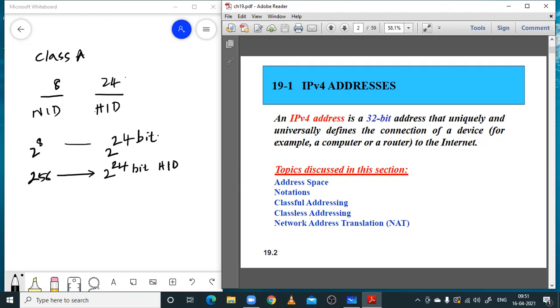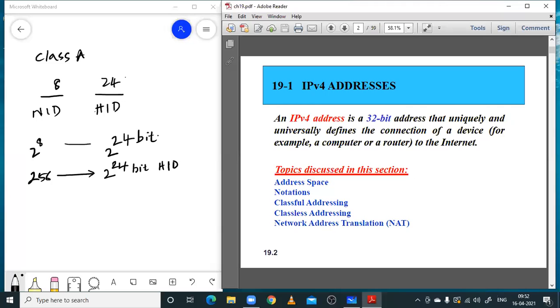It is unique, meaning the IP address will be unique for every system or every device which is connected to the internet, and it will be universally connected. It means it has no restriction; it can go to any type of network, either a local network, a remote network, or any other kind of network.